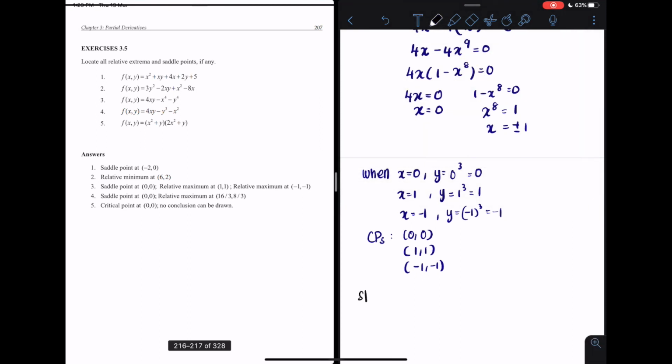Then step number 2, which is find all second order partial derivatives.